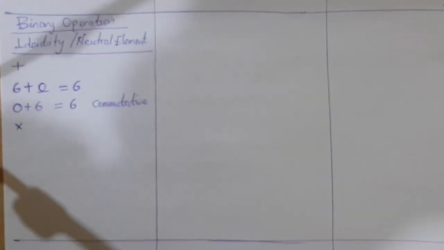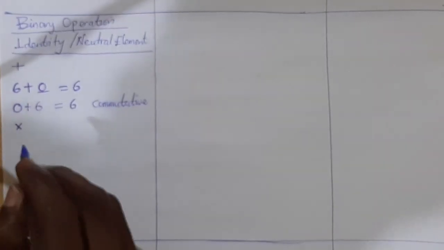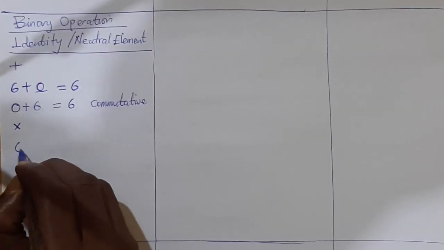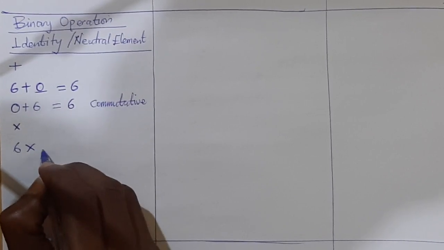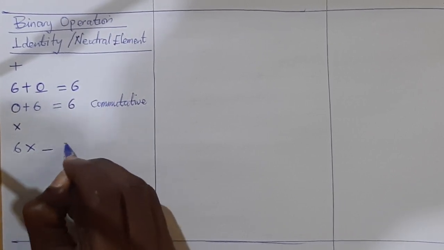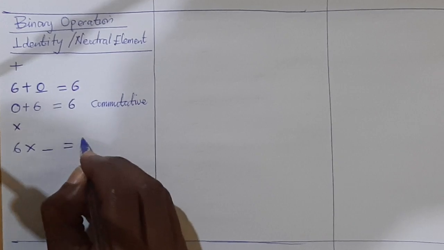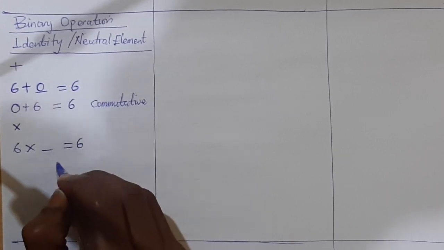Now let's take another operation, the multiplication sign. Now I have 6 again times a number, and I need the answer to be 6.